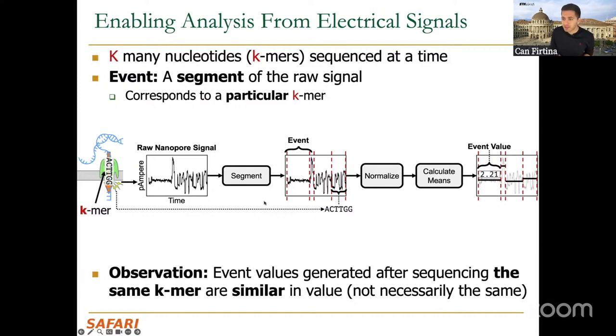So we will not necessarily generate exactly the same electrical signal. But the key observation is that the electrical signal we generate will be essentially similar to what we generated earlier. This is true in most cases. And then we can utilize this information to do our analysis.